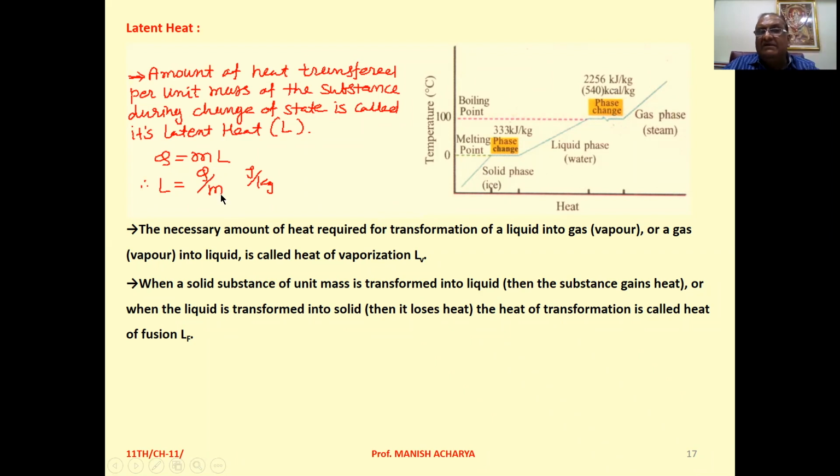So Q by m will give you the amount of heat transferred per unit mass, and that is the latent heat. Its unit is joule per kilogram. Clear?